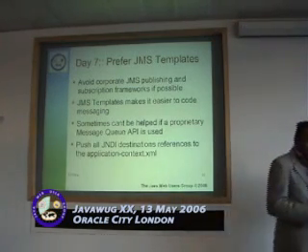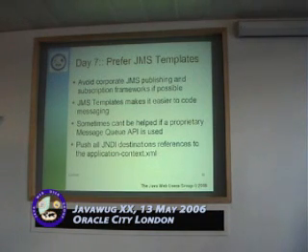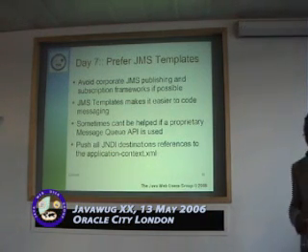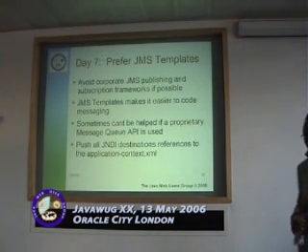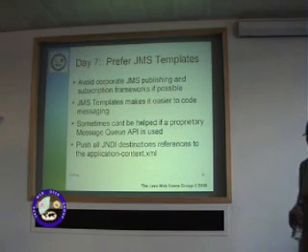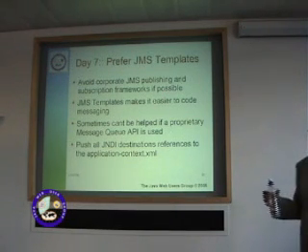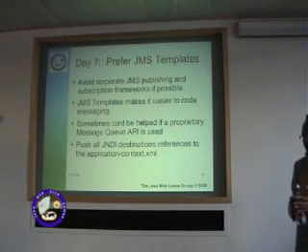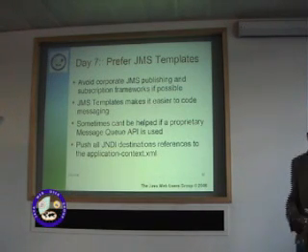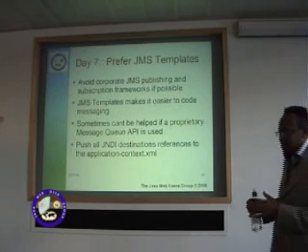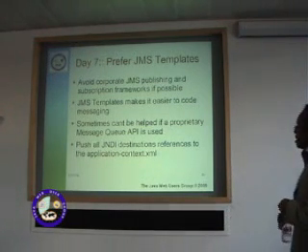Spring makes it a lot easier to wire up your publisher to your JMS template. You end up writing less code. All the code that I actually wrote for my last client shrunk into piecemeal.